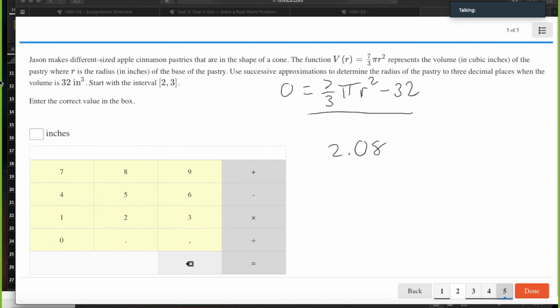Oh my gosh, 2.089. That's weird. It never went positive. It was negative the whole time.